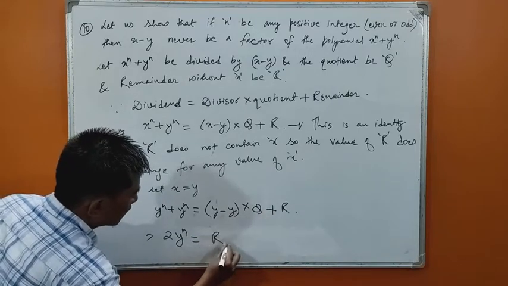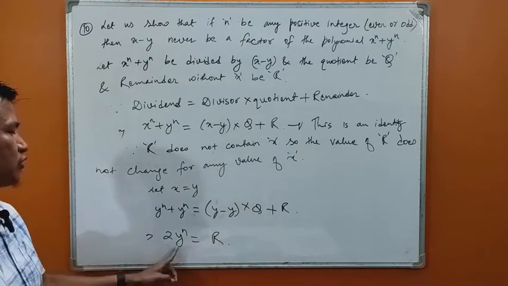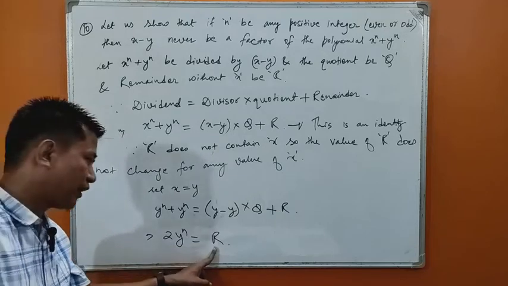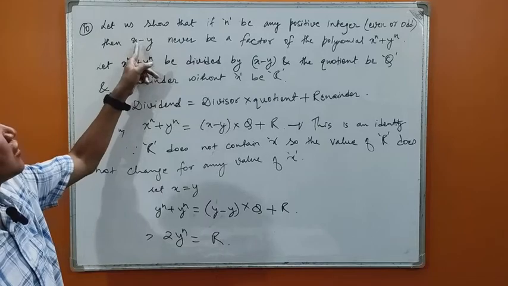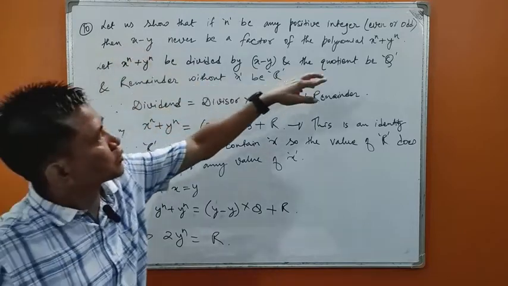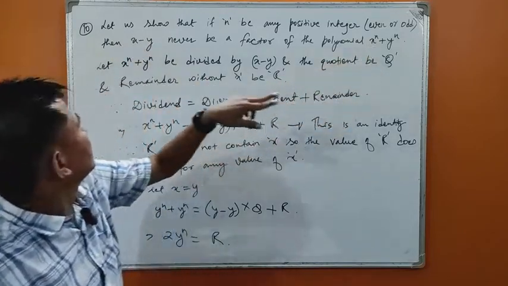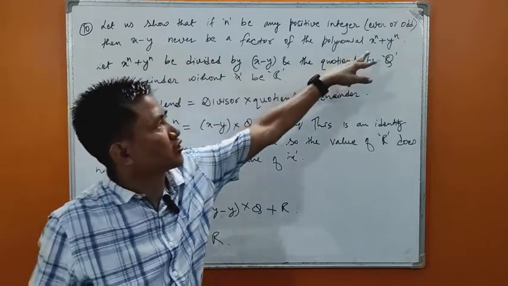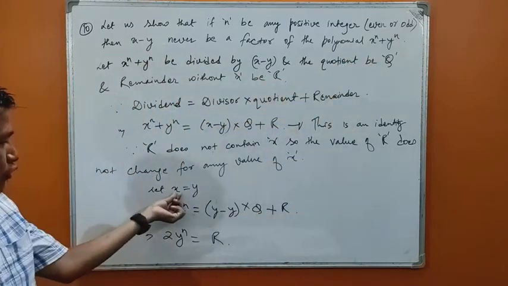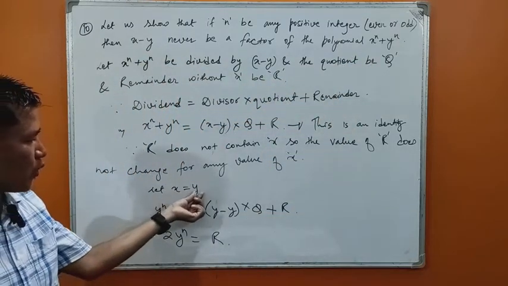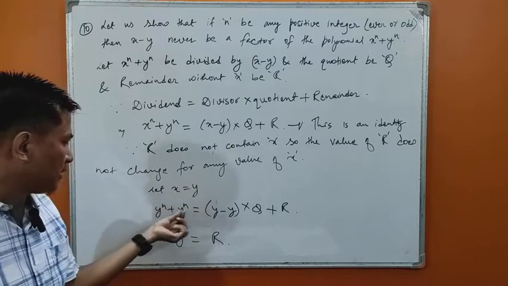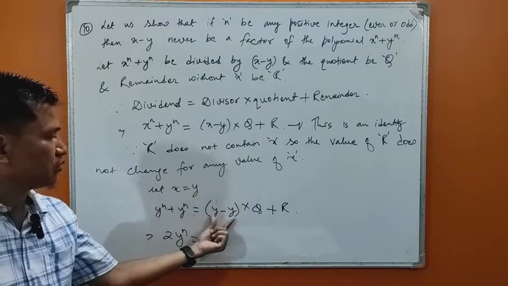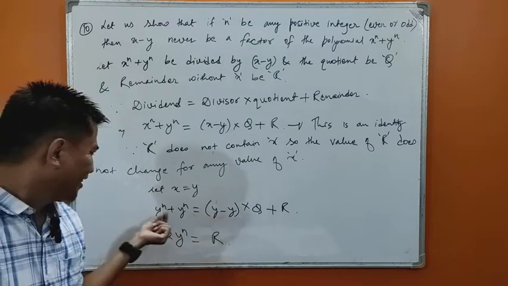So the remainder is not 0, the remainder is 2y to the power n. That means when the remainder is not 0, x minus y cannot be a factor of this expression. If we put x as minus y, then this could become 0, but it will not be 0 in this case.